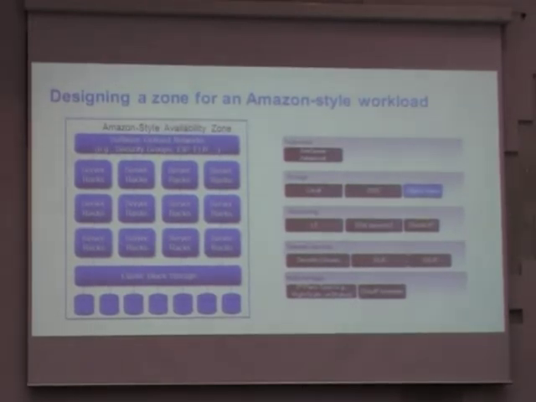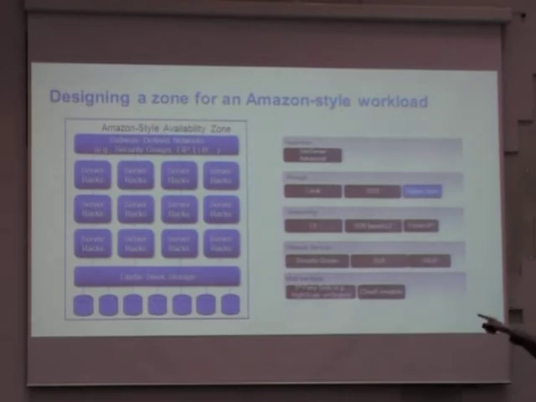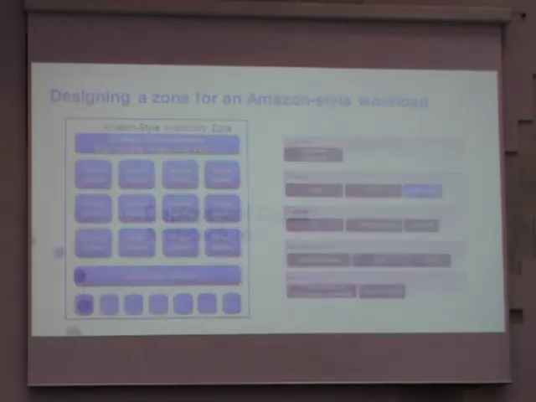So this shows you the differences between when you deploy a traditional zone and an Amazon-like zone within CloudStack. I just wanted to show you the differences in the way you deploy. And you can see from here that when we talk about scaling up, we're talking about a large quantity of hosts.